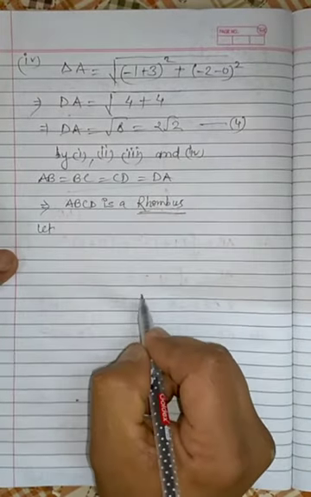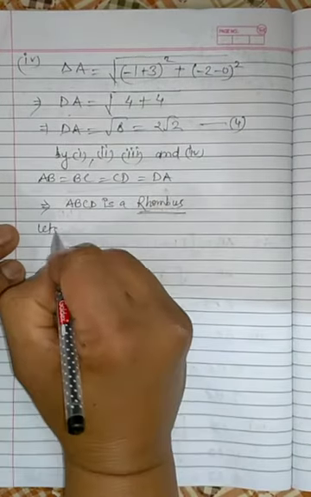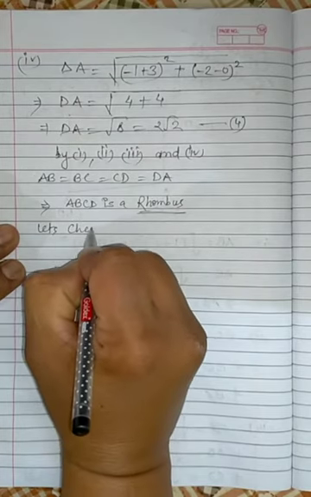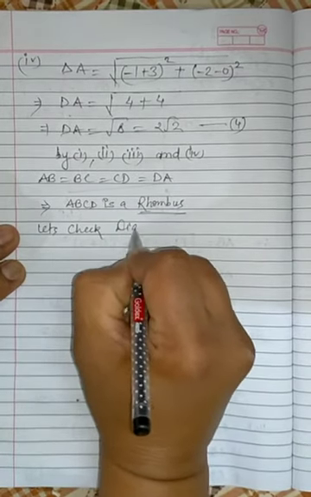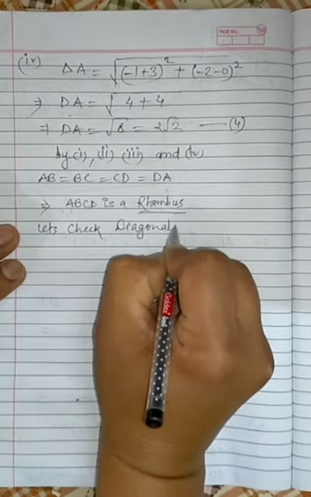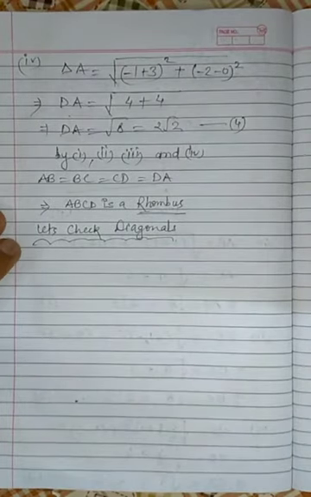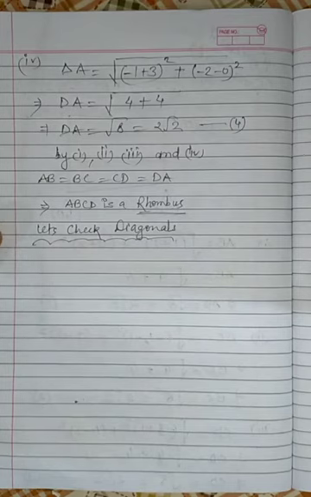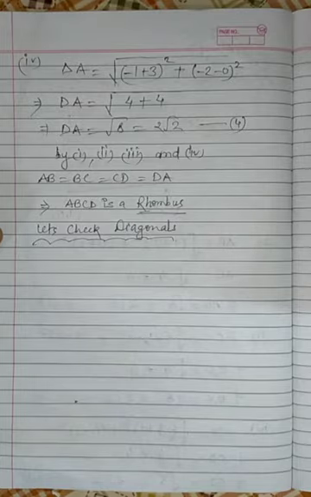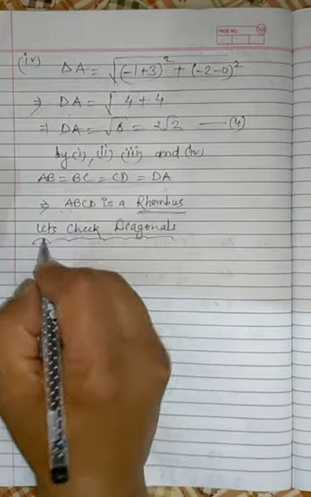But to confirm whether it is a square or not, let's check diagonals. Now we have got that all four sides are equal, so it is a rhombus. If diagonals are also equal, then we will have a square. But if the diagonals are not equal, then it will be confirmed as a rhombus. So let's check diagonals.